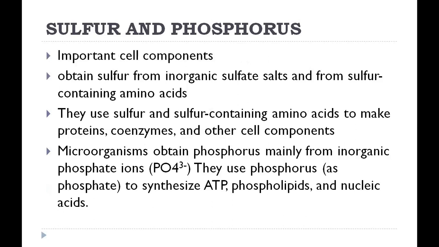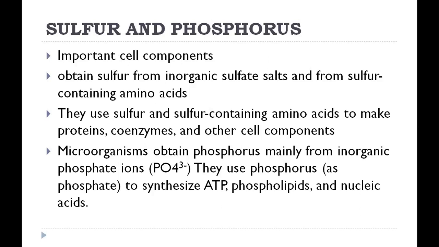Now, next components are sulfur and phosphorus. These are two other macronutrients which are required in larger amounts. These are very important cell components, and bacteria can obtain sulfur from inorganic sulfate salts and from sulfur containing amino acids. Sulfur is basically used to make proteins, coenzymes, and other cellular components.